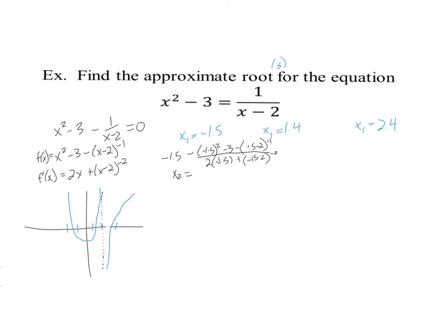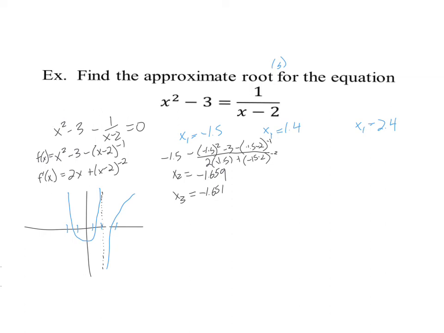When we plug all that in, we get negative 1.659 as our first approximation. Now let's plug that into the same equation. And we get negative 1.651, so we're getting pretty close. I'll try it one more time and see.